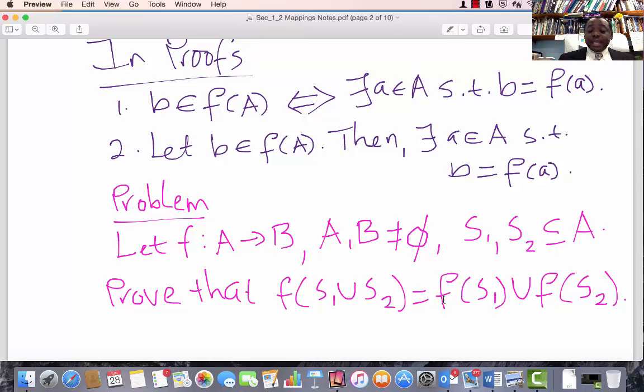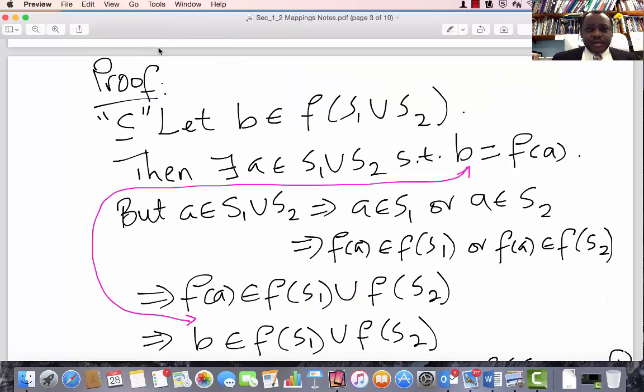So I'm going to pick an element from the left hand side and show that it belongs to the right hand side. Pick an element on the right hand side and show that it belongs to the left hand side, and then conclude that there is equality. Okay, proof. We start off with the forward inclusion.